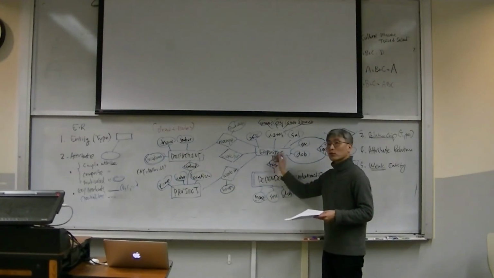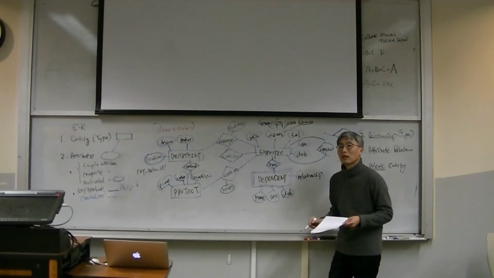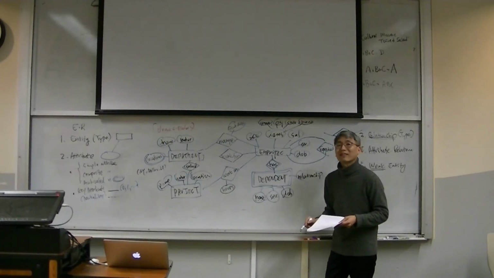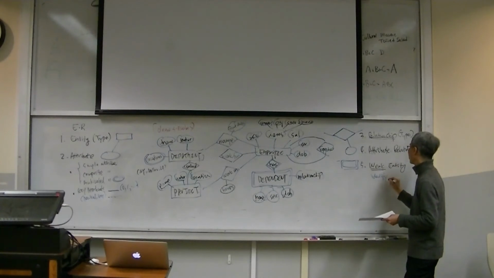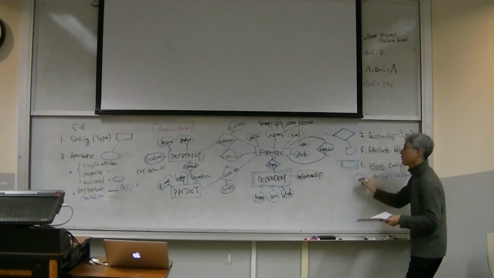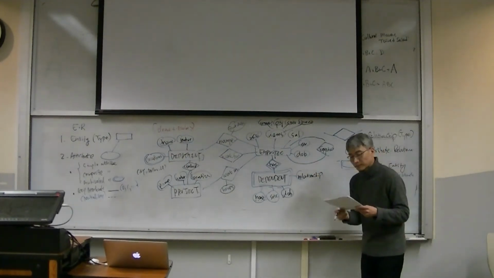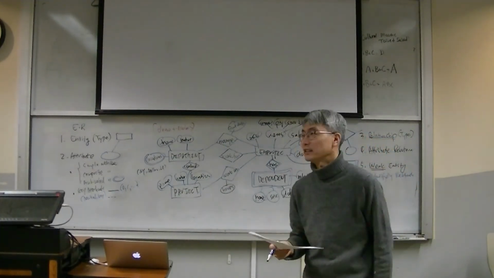Instead, connect to this one. At that time, this relationship is called an identifying relationship. You can use a double diamond, double diagonal, like this. Okay. So we covered up to the weak entity.